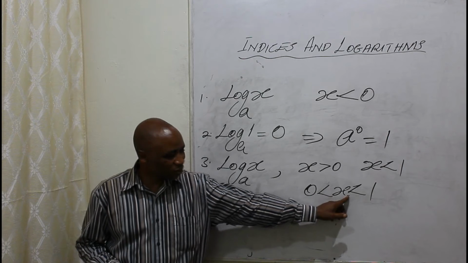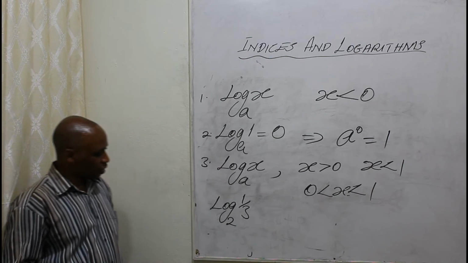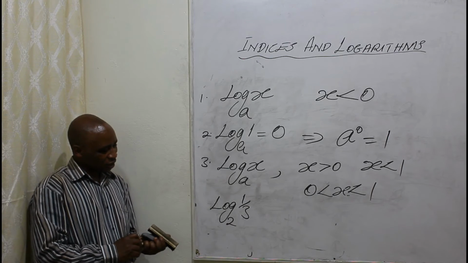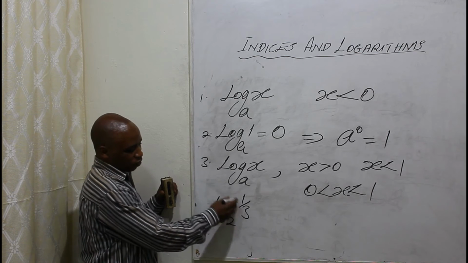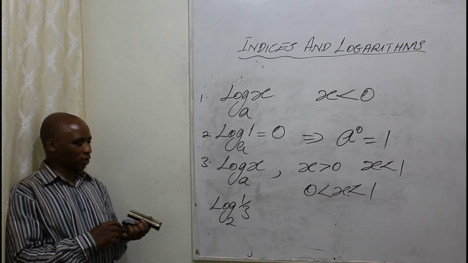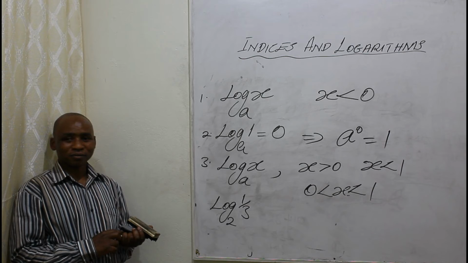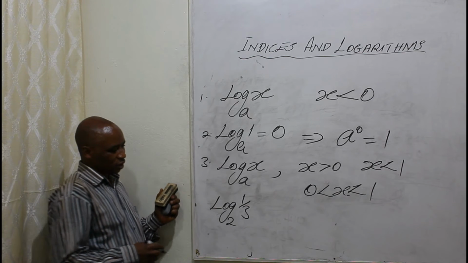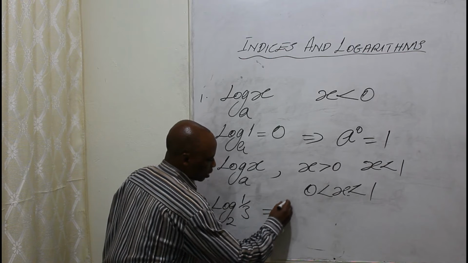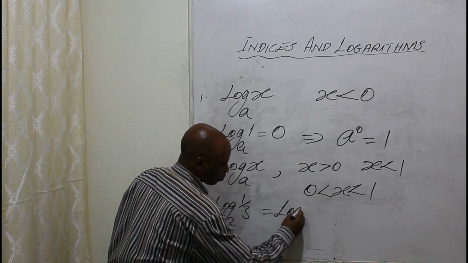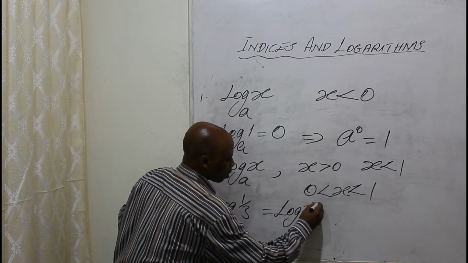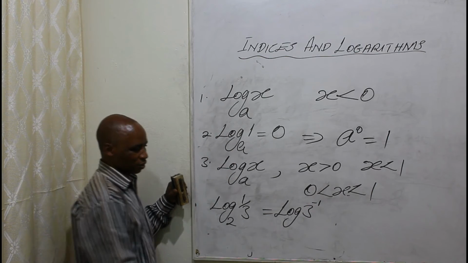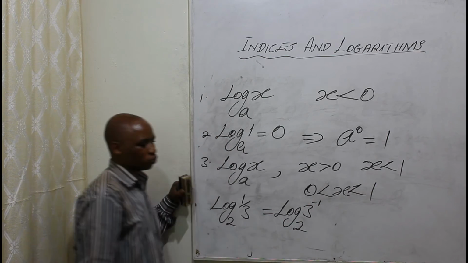Hence, it satisfies the condition here. So, if we are to express this 1/3 in index form, it will be the log of 3 raised to the power -1 to base 2.